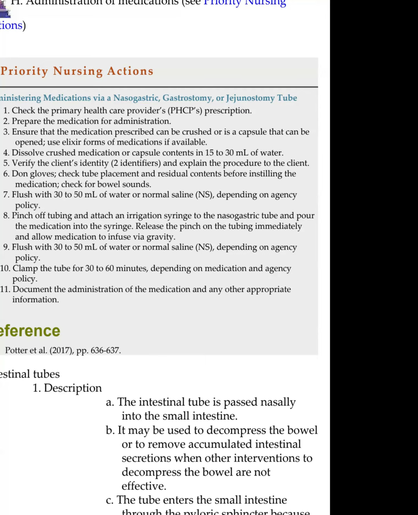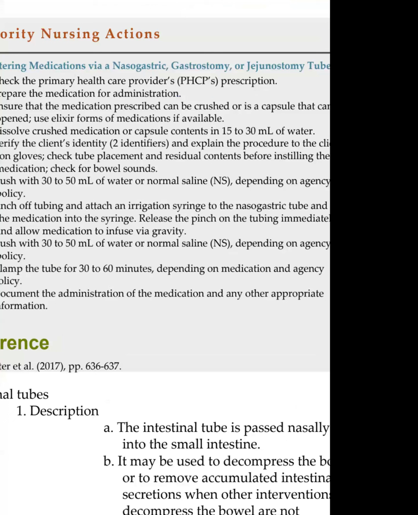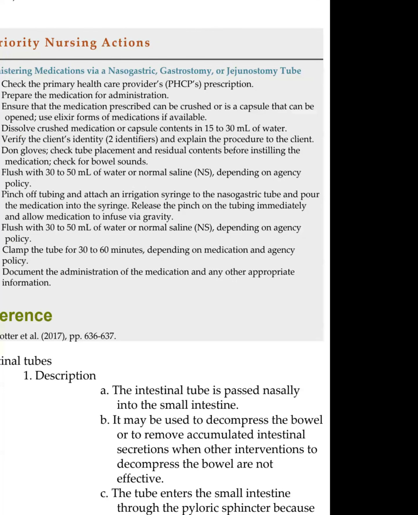Now pinch off the tubing. After flushing we pinch the tube to prevent air entry. And attach an irrigation syringe to the nasogastric tube and pour the medication into the syringe. Release the pinch on the tubing immediately and allow the medication to infuse via gravity.